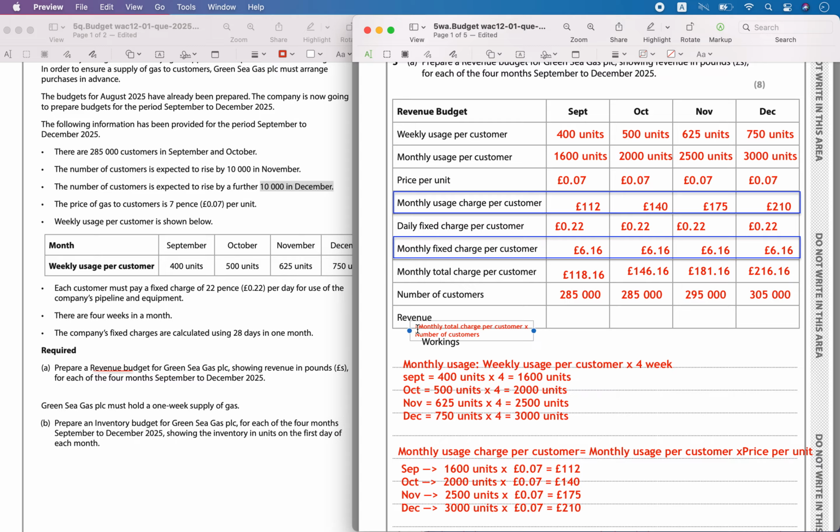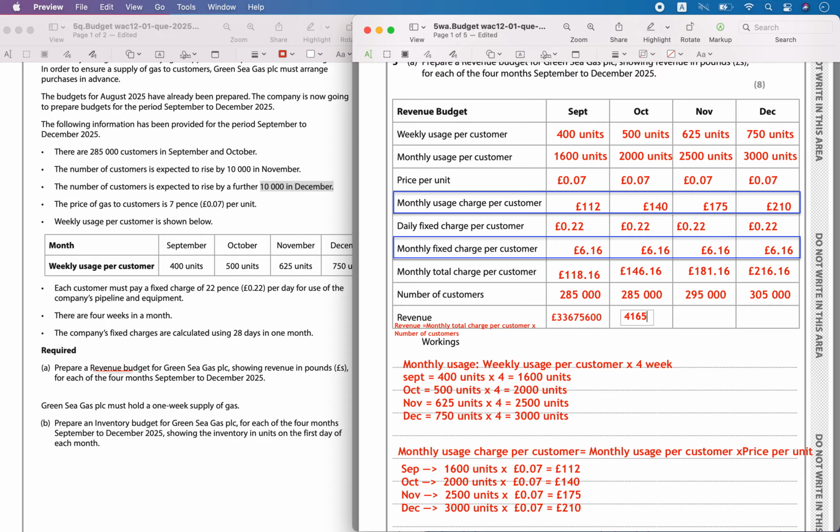So there are 285,000 customers in September, and the total monthly charge paid is 118.16 per customer. So 285,000 into 118.16 is 33,675,600.